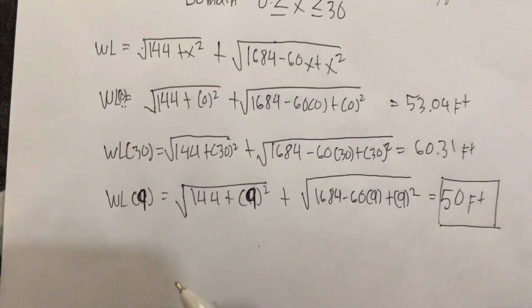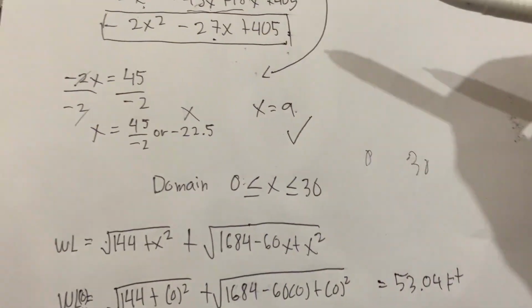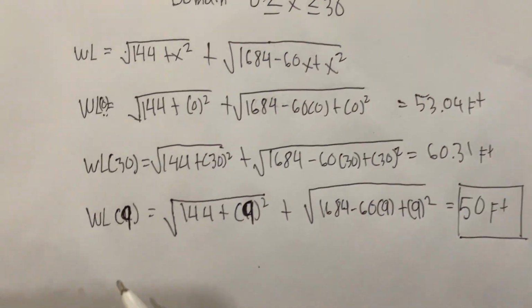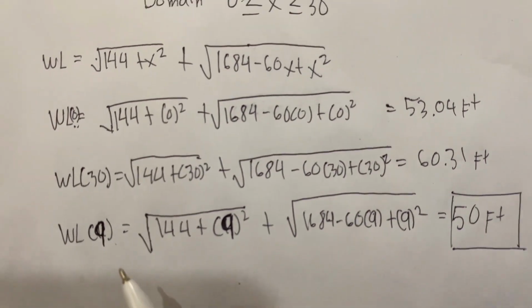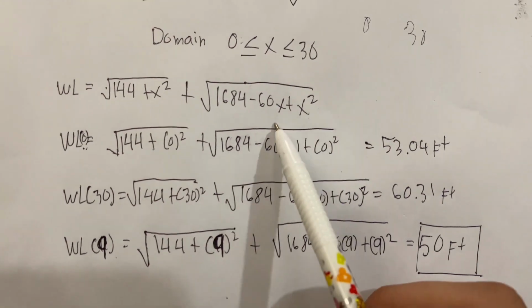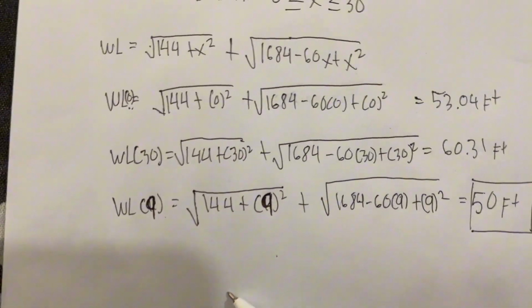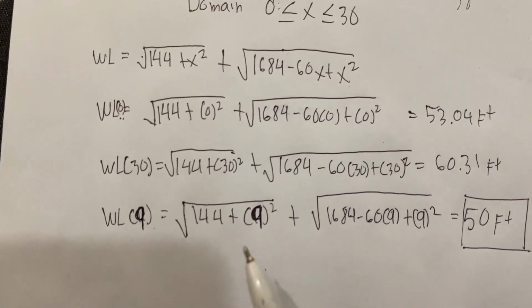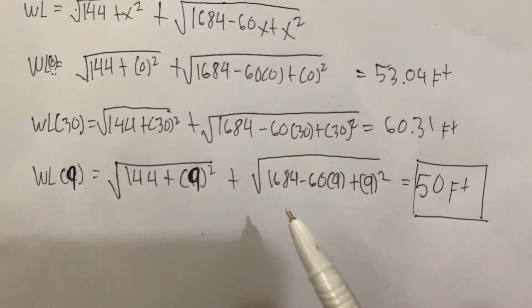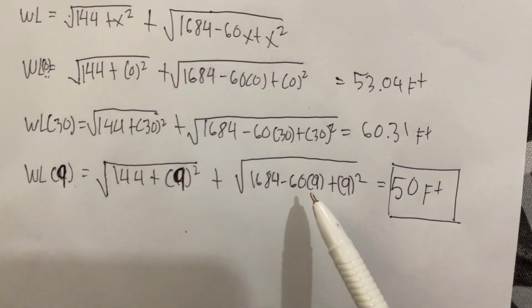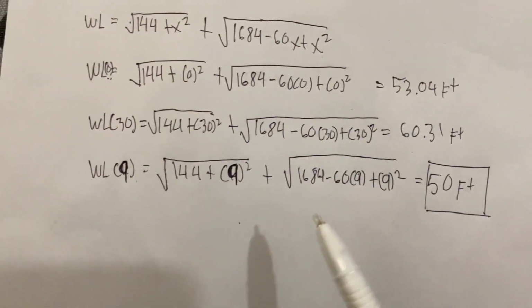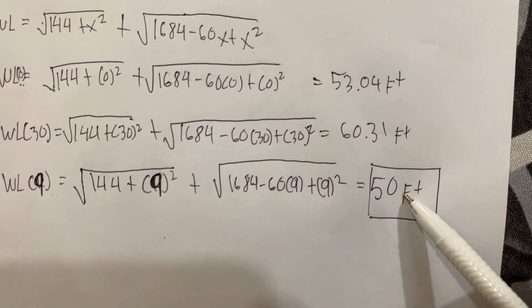So now we're going to use our x here, which we had. So now we're going to substitute 9 to the x's in this formula. So the square root of 144 plus 9 squared plus the square root of 1684 minus 60 times 9 plus 9 squared, and we're having a value of 50 feet.